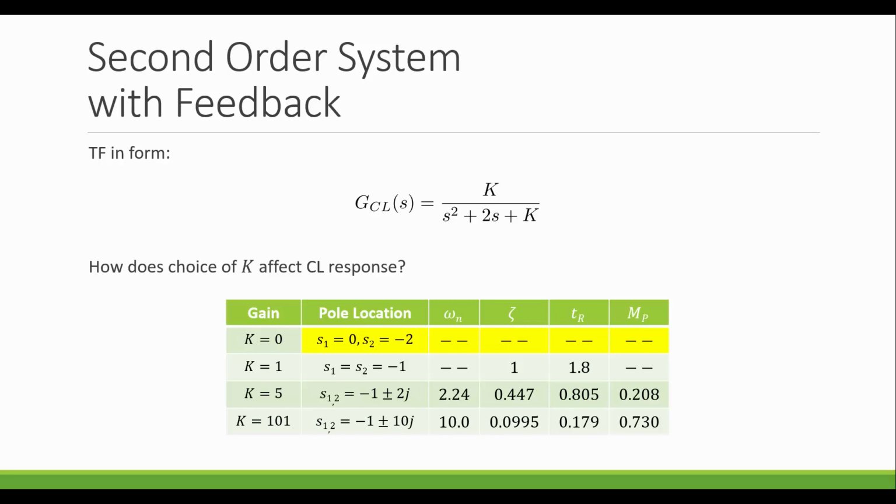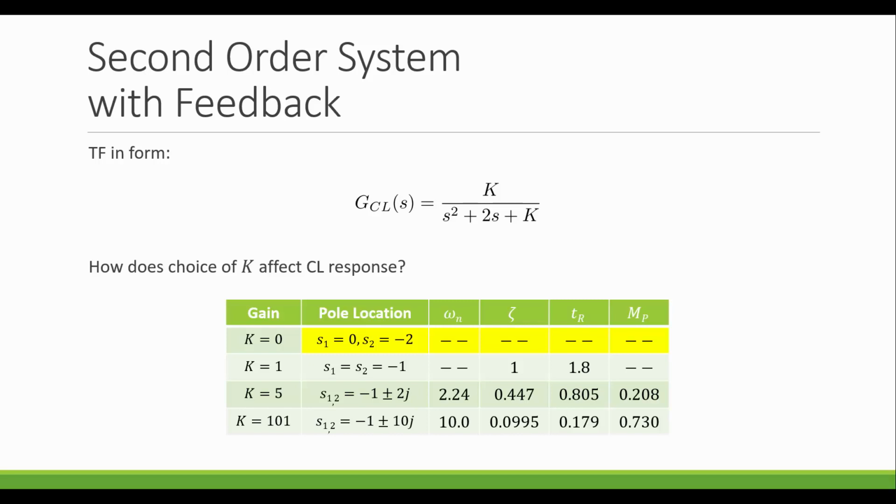So if we increase it, in this example, I'm going to 5 next. Again, we can solve for the poles of our system. In this case, when K is 5, s squared plus 2s plus 5 means that the poles will be a complex conjugate pair, -1 plus or minus 2j. If we take the magnitude or the absolute value of that, we get a natural frequency of 2.24.